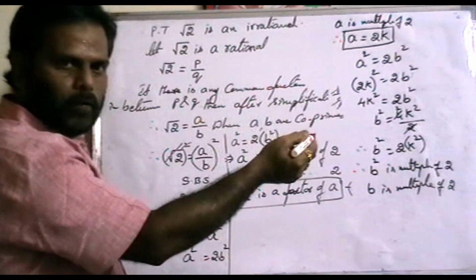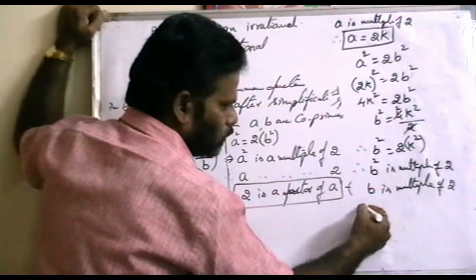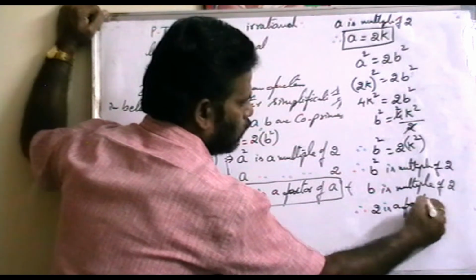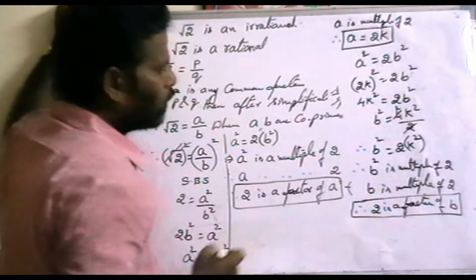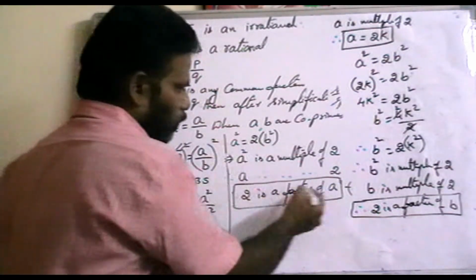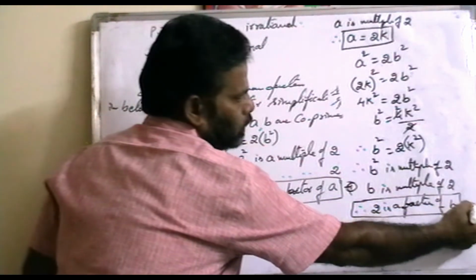If b is a multiple of 2, then we can say that 2 is a factor of b. Here 2 is a factor of a, that is equation number 1. Here 2 is a factor of b, that is equation number 2.